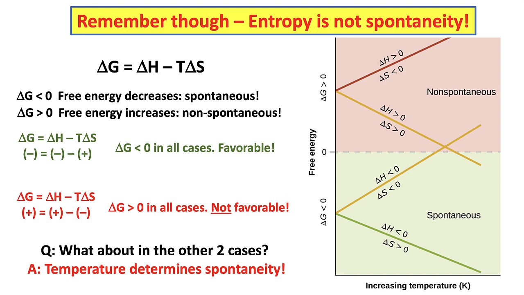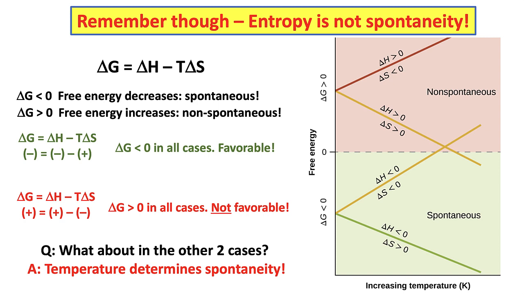If we have the other cases, so in the bottom of this chart, we have delta H less than 0, that is exothermic, and delta S less than 0, which is getting more ordered, less disordered. In this case, it starts out as spontaneous, but at a certain temperature, right, as temperature rises, we see the free energy crosses over 0, and it goes from being spontaneous to non-spontaneous.